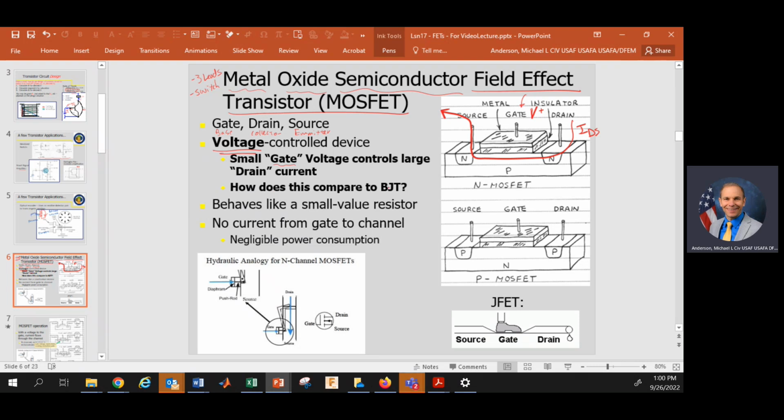Recall for a BJT, a base current controls the collector current. So this is a big difference. Now we have voltage controlling current. It also behaves like a small value resistor. The other thing is with a BJT, there's a base current that flows from the base into the emitter, and there's the collector current. With this, there is no current flow into the gate. There's just that voltage.